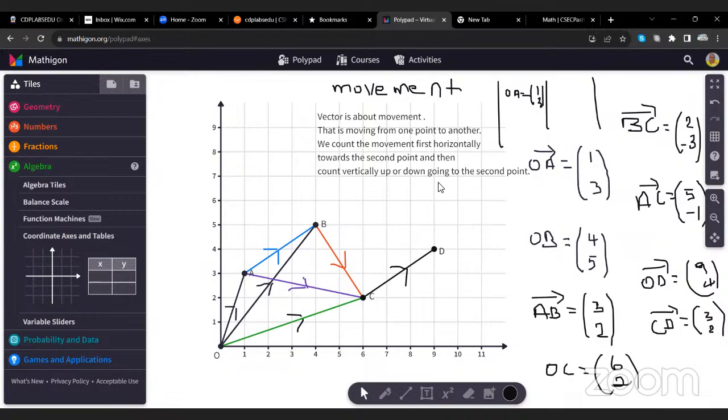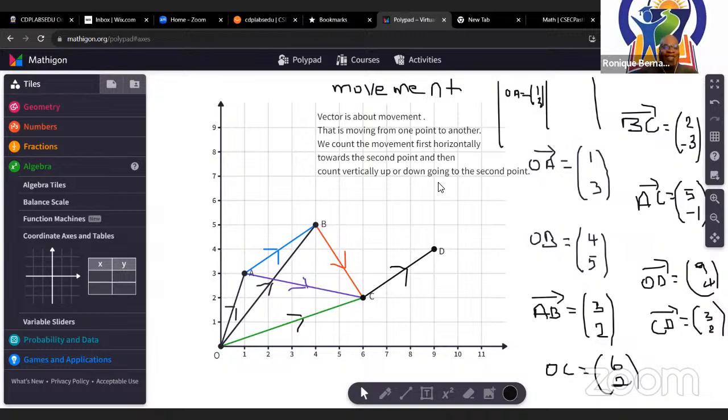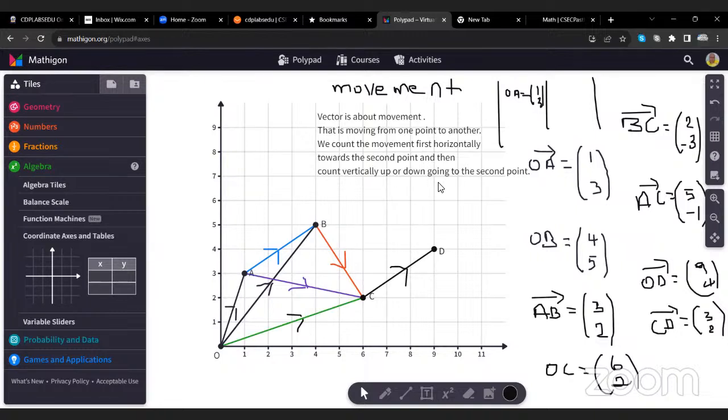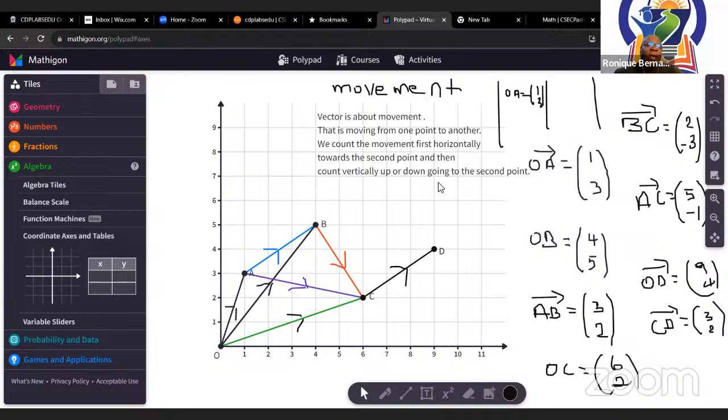The ending point in the first column becomes the starting point in the second column. Give an example. In the first column you have OA, and in the second column you have AC. So you have OA and you have AC.